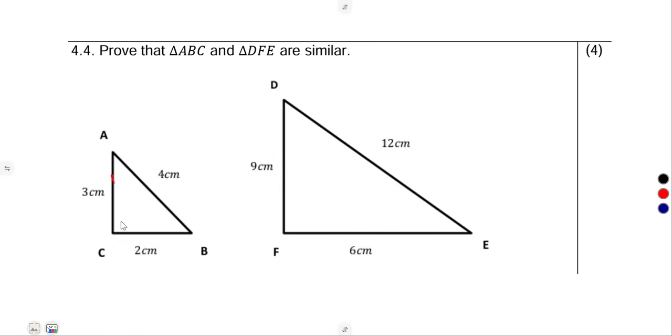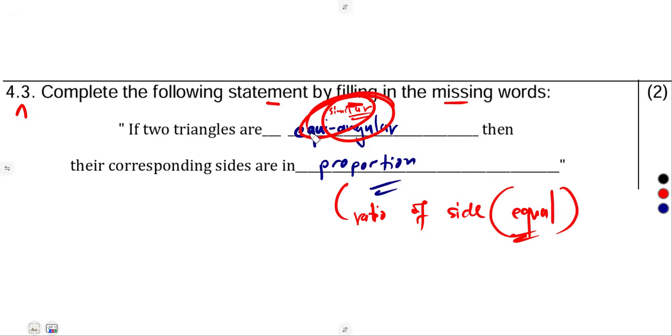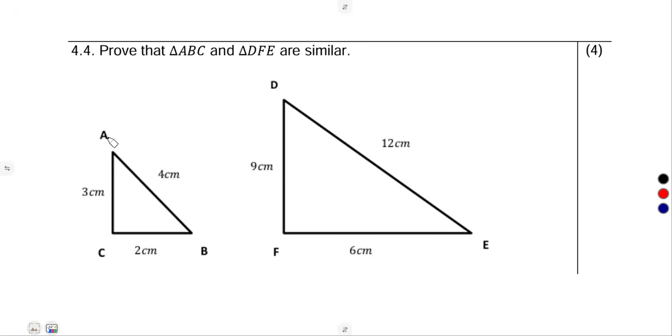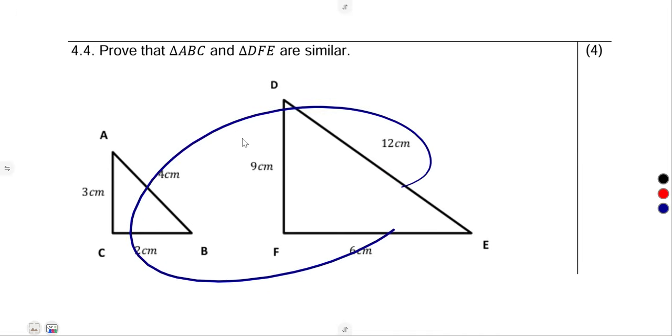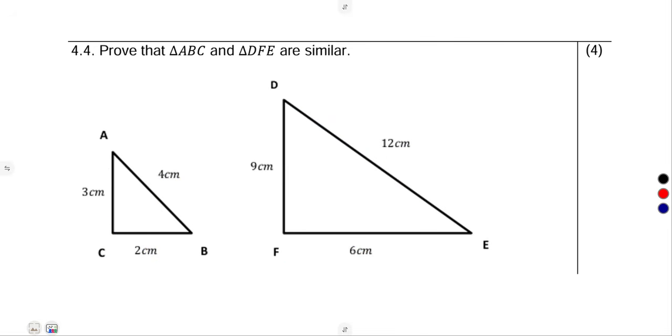You do not have angles to prove that it is equiangular, to say angle A and angle D or angle A and angle E. You don't have the angles. So what can you use if you do not have angles to prove that they are similar? You use the ratio of sides. If the ratio of sides is equal throughout, therefore these two triangles are similar.